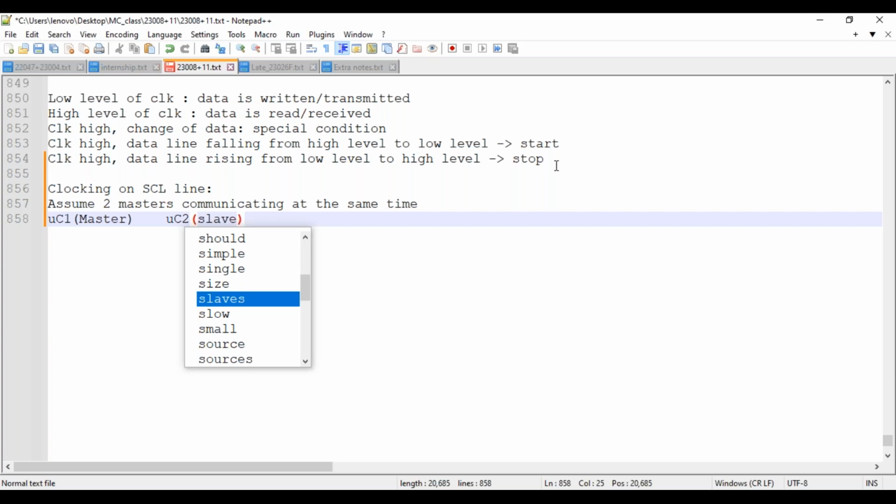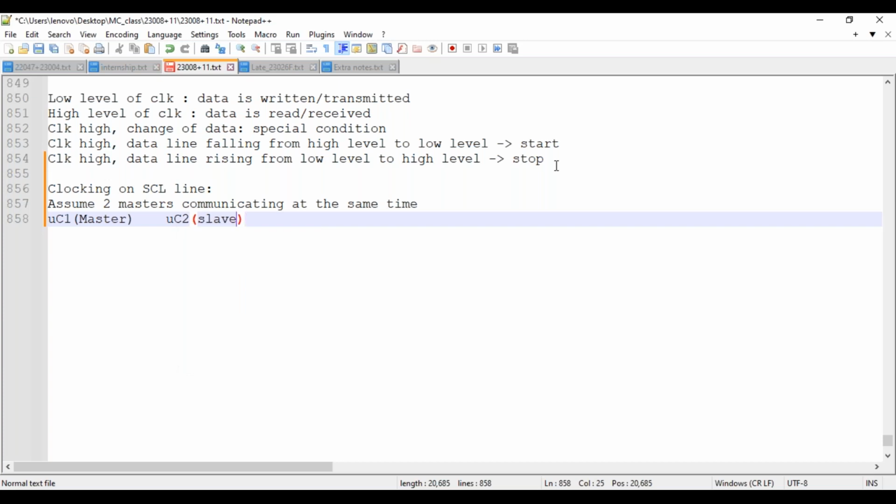So microcontroller 1 is behaving as a master and microcontroller 2 is master capable, but just for the sake of this communication, it is behaving as a slave. And the communication between the two has got established. Assume the communication has started between the two devices.